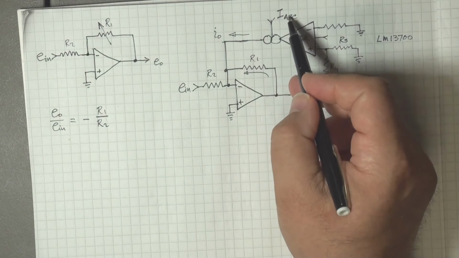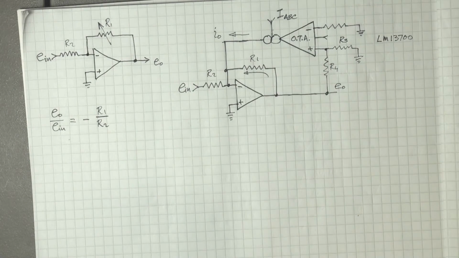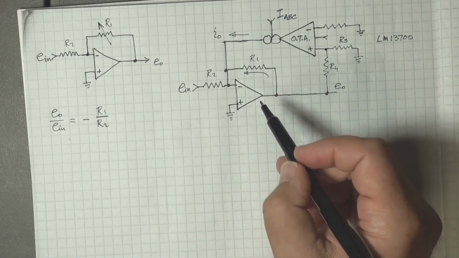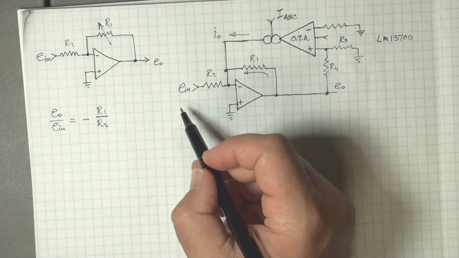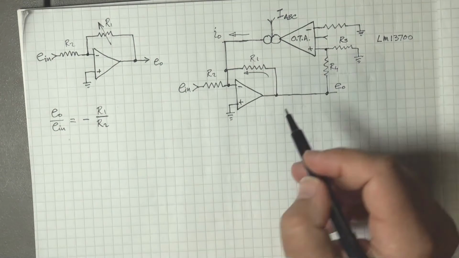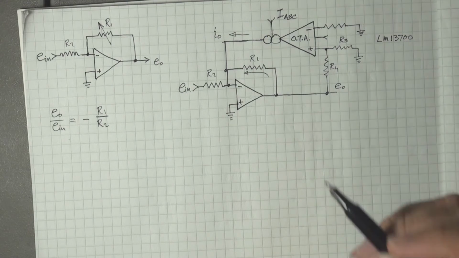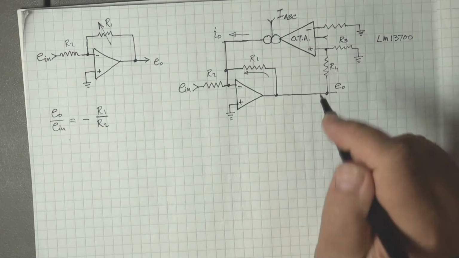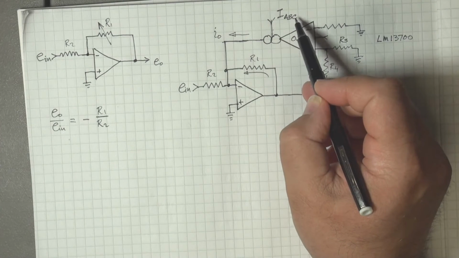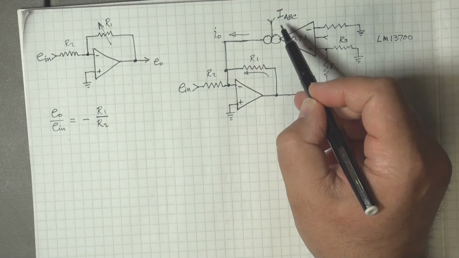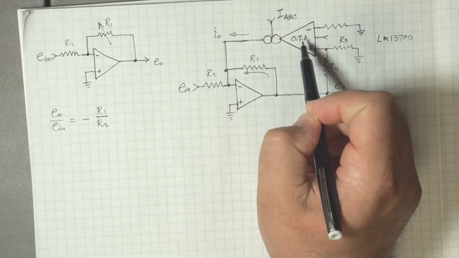If you have a low control current flowing into this pin here, the gain of this op amp is pretty much dominated, just like before, by the ratio of R1 and R2. But let's say, for example, we change the input amplifier bias current, we increase that to increase the output current of the OTA.